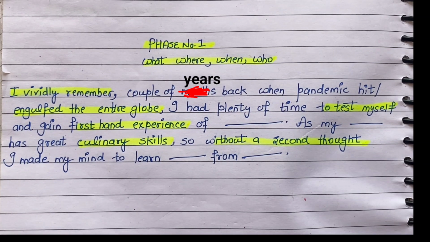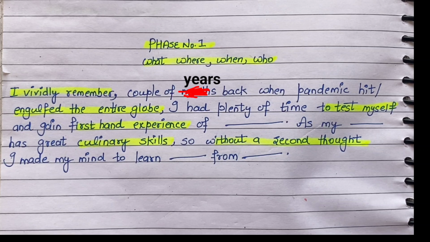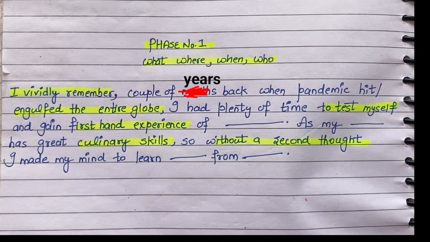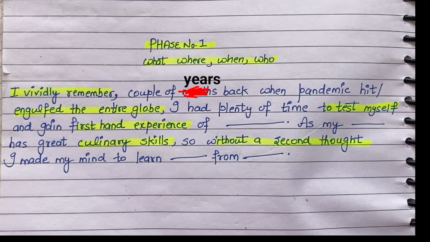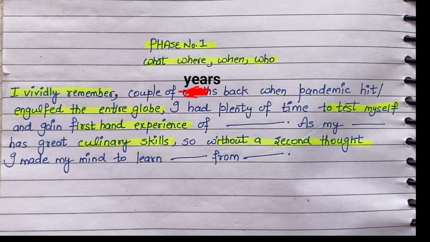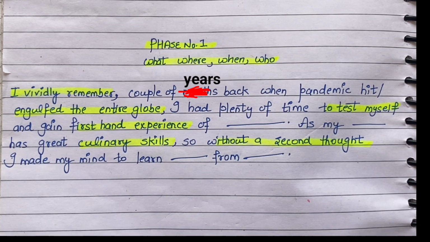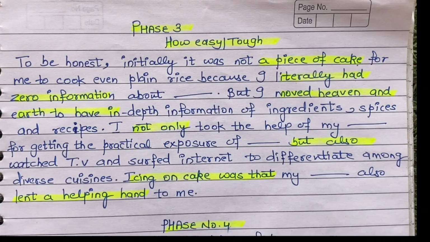So I had plenty of time to test myself and gain first-hand experience in cooking, as my mother has great culinary skills. Culinary skills means cooking skills. So without a second thought, meaning without thinking twice, I made up my mind to learn cooking from her. It can be molded the way you want. For example, if you are talking in the context of driving, you would say that my elder brother has great driving skills, so without a second thought, I made up my mind to learn it from him. So I hope phase number 1 is clear.